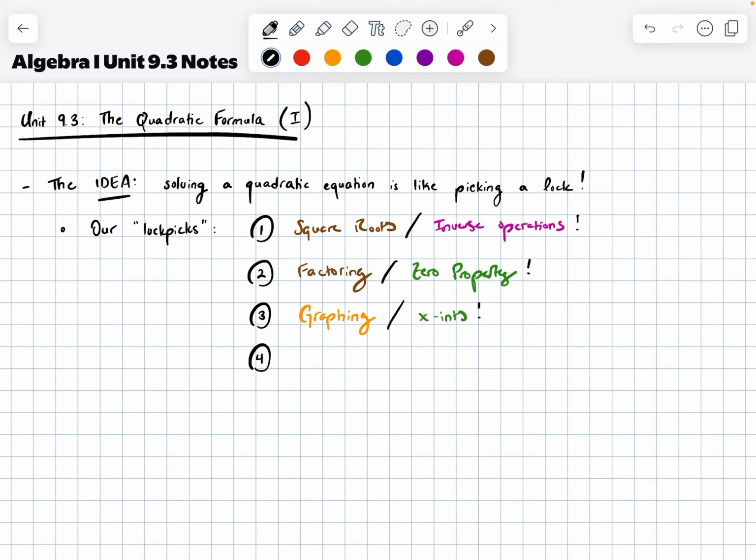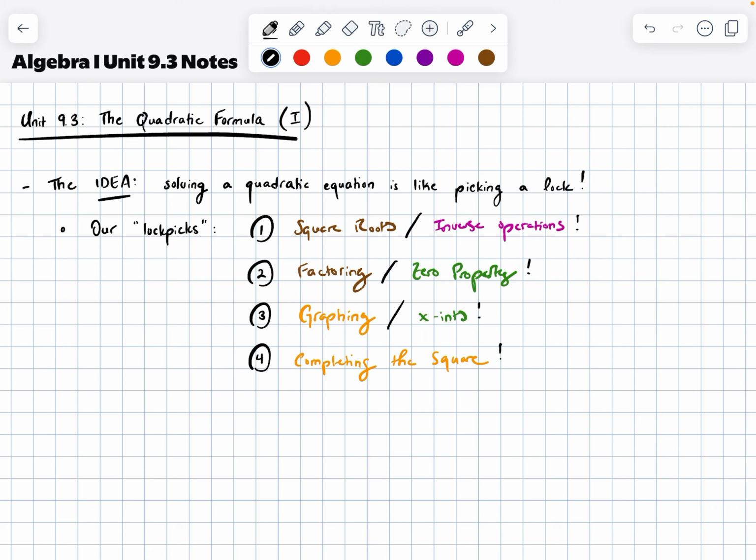And last but not least, last time in Unit 9, we identified a 4th and final way, not really final, but final so far, to identify our solution sets, and that was by completing the square. If I could get a perfect square trinomial containing my variable on one side of my equation, then I could take square roots and solve for my variable just as I normally would.